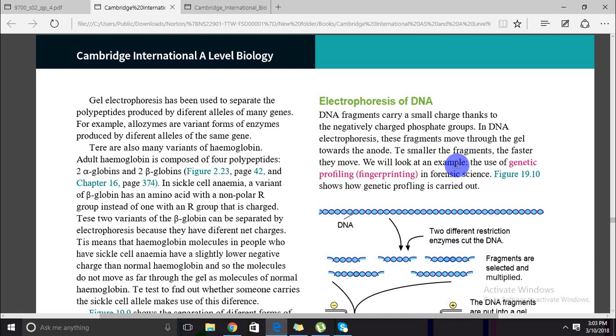right? Something to remember. And if they ask you the question why all of the fragments move towards the anode, you will have to tell them they do that because all of the DNA is negatively charged and so will naturally be attracted towards the positive electrode. And if another question is the distance moved by the DNA fragments, what factor does the distance moved by the DNA fragments depend on?